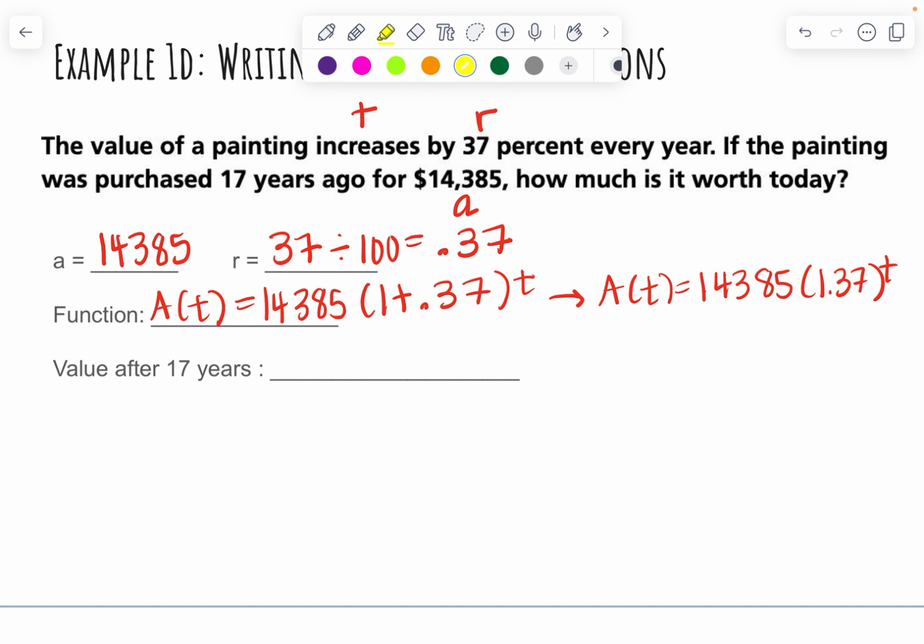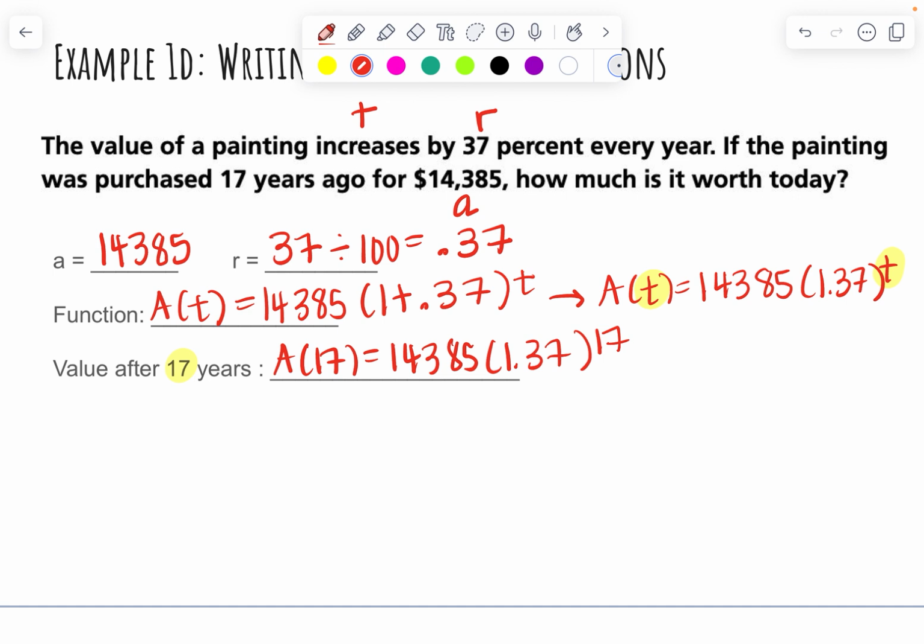And then the value after 17 years, so we're going to plug 17 in for t here. A of 17 is 14,385 times 1.37 to the power of 17.